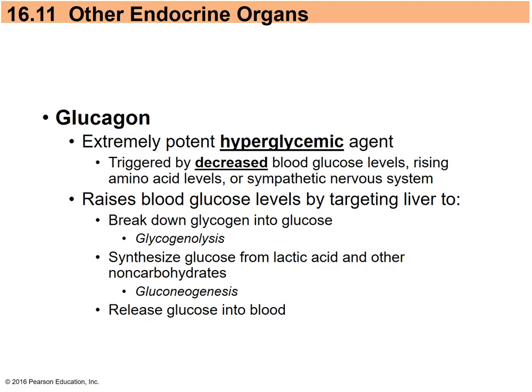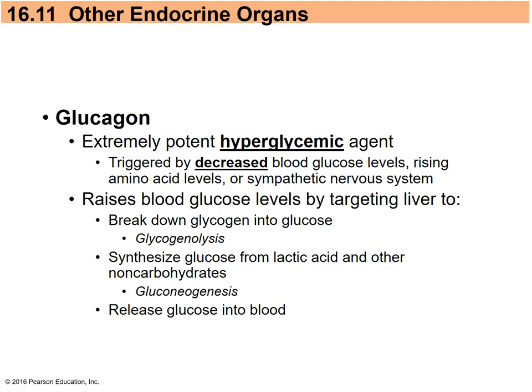So glucagon is the hormone that is going to be released when glucose levels are low. It's going to target the liver where the glycogen is stored to break it down. It's like taking a long chain and just one by one breaking off those glucose molecules.